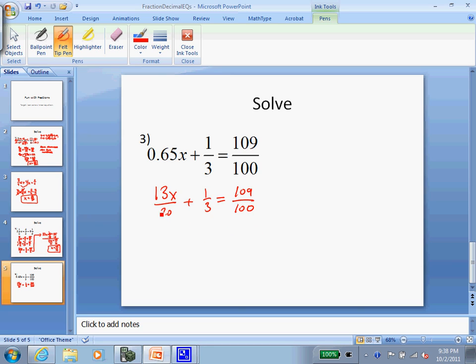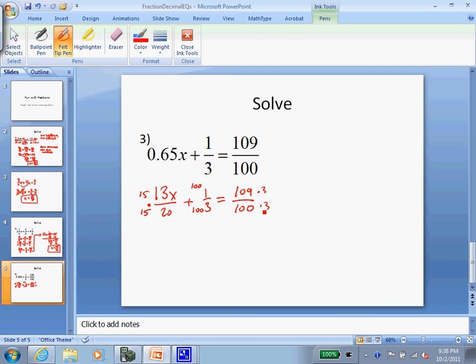To get 300 here, I'm going to have to multiply both the numerator and denominator by 15. To get 300 here, I'm going to have to multiply both the numerator and denominator by 100. And to get 300 here, I'll have to multiply both the numerator and the denominator by 3.